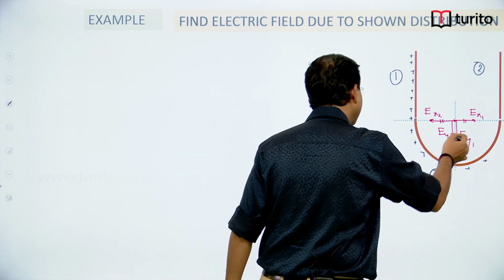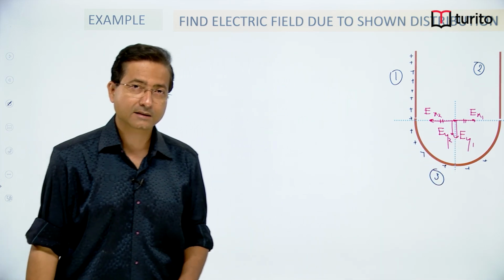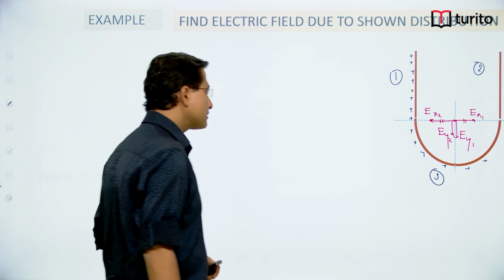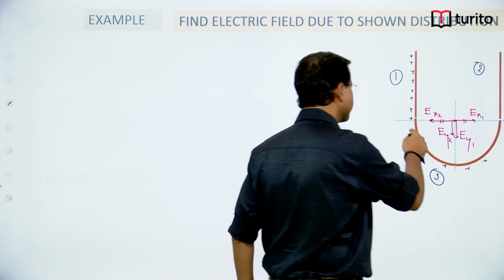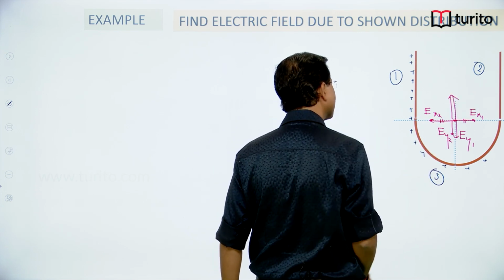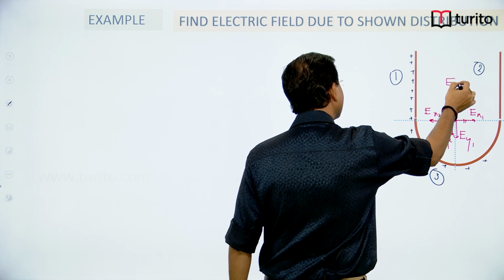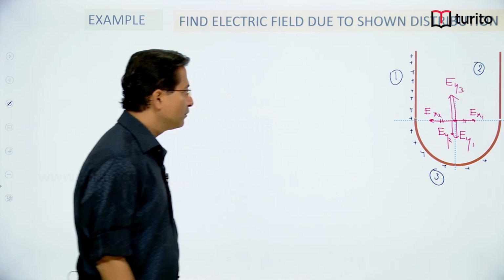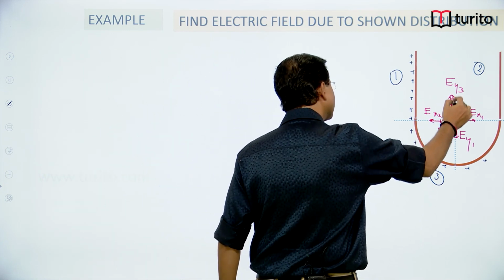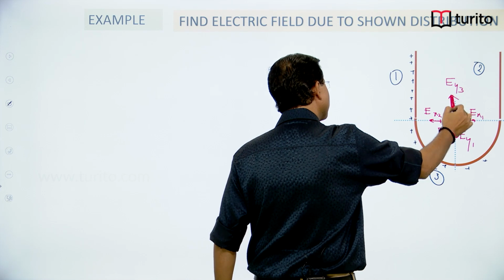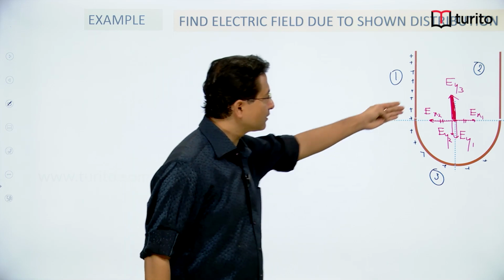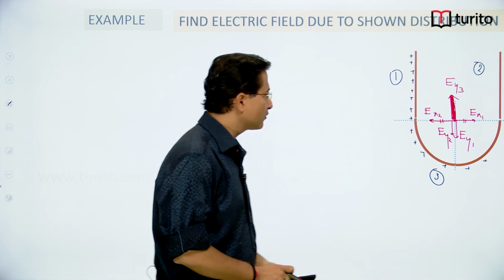Their y components, which were getting cancelled out in the previous case, in this situation they are getting added, right. Now the third segment, semicircular ring. This semicircular ring will produce field along the positive y direction. So I need to find out the resultant of this, that means field will be in y direction.